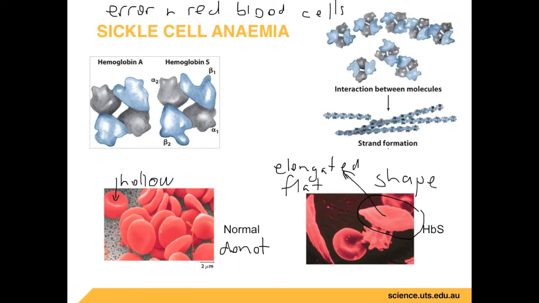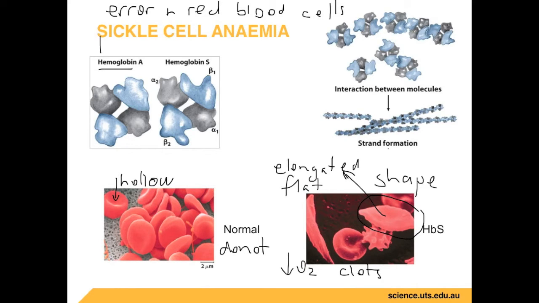Because of this strange shape, sickle cell red blood cells have a decrease of oxygen transport and also can lead to clots in blood vessels because the altered shape changes the way in which they travel through the blood vessel. Sickle cell anemia comes about due to an error in hemoglobin.